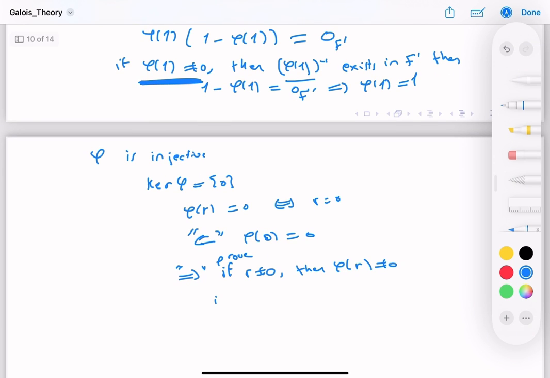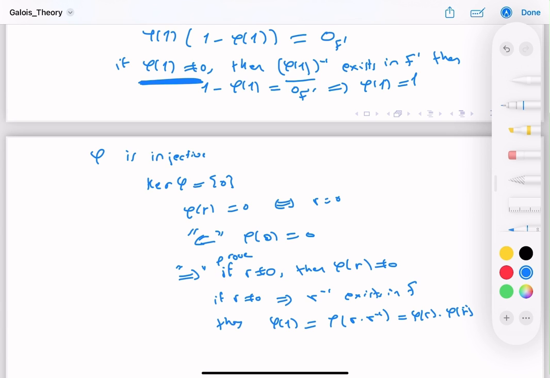Well, if r is not 0, then r inverse exists in F, thus phi of 1 is equal to phi of r dot r inverse, which is equal to phi of r dot phi of r inverse, right?